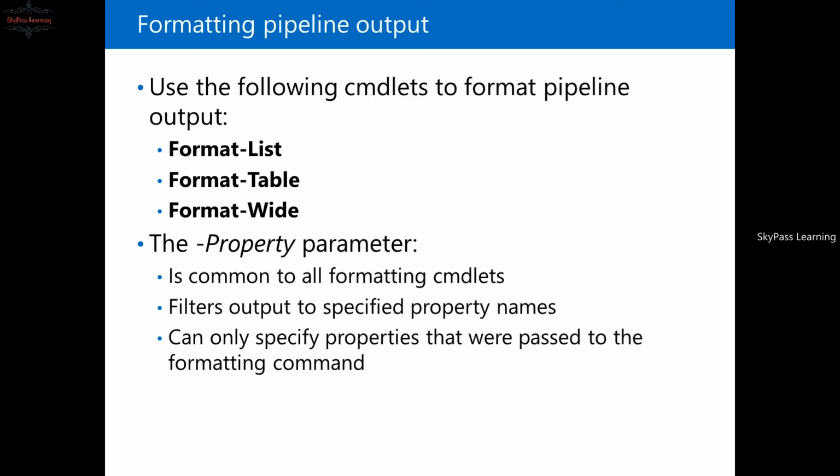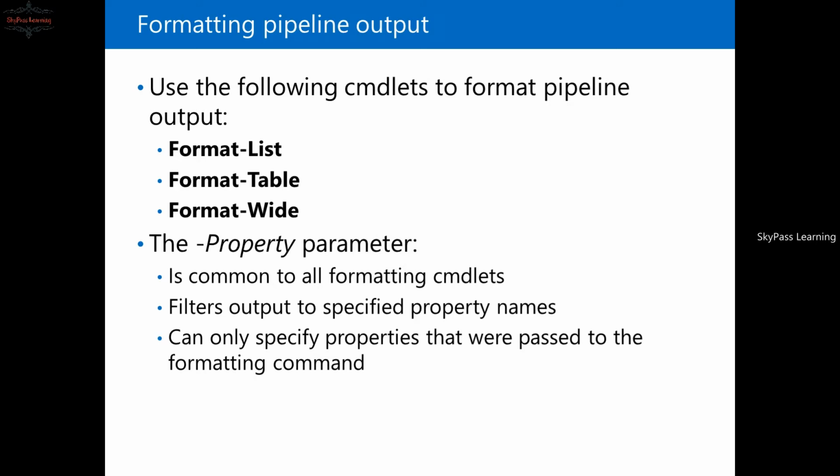In that, we're going to see the output of the pipeline in the form of Format-List. We can use the short form FL for Format-List, FT for Format-Table, and for Format-Wide the option is also available.